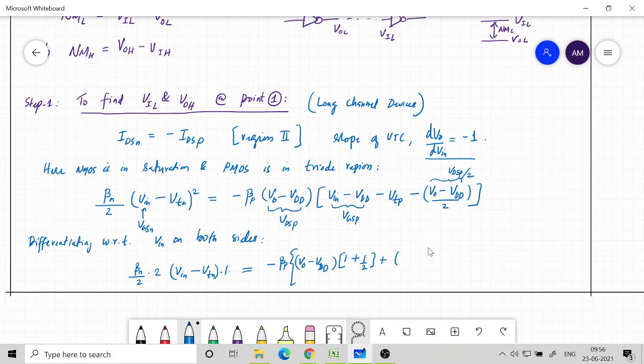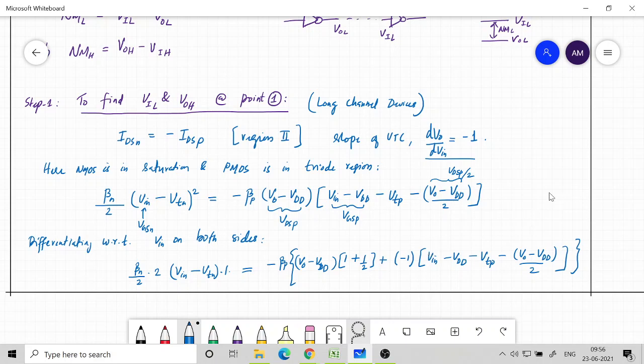That is going to be dV naught by dV in, which is minus 1, into the second term. So second term we just write as such, minus VTP minus 0 minus VDD, right. So this is what I will get, close the bracket.